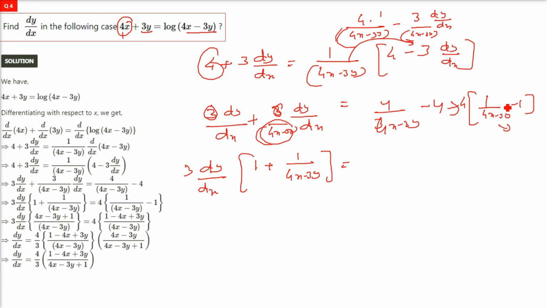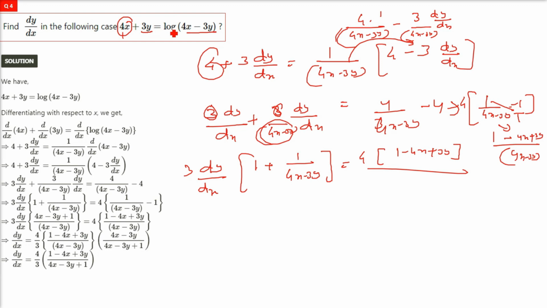Now you can just solve this. 1 minus 4x, minus minus is plus, so 1 minus 4x plus 3y divided by 4x minus 3y. So on right you get 1 minus 4x plus 3y by 4x minus 3y. This is what I was telling you. 4 is already there, multiply. 4 we have already taken common. Alright. And what is remaining here? 4 into 1 minus 4x plus 3y.